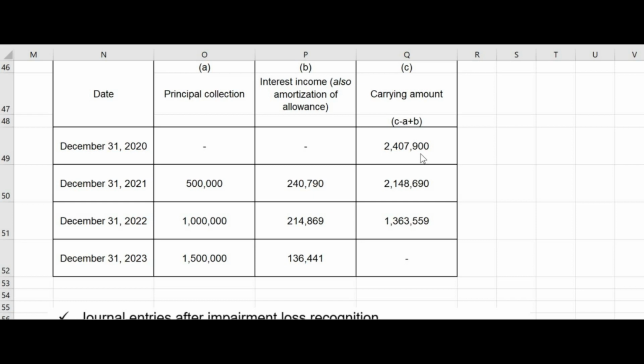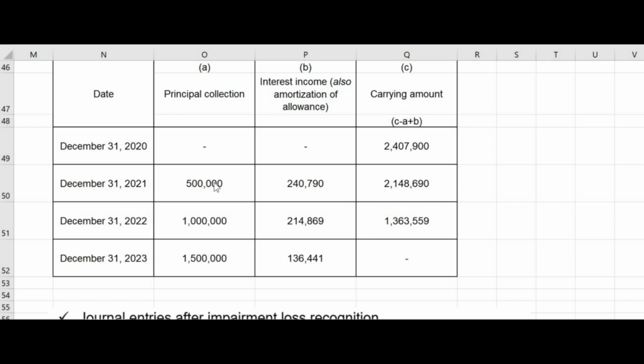So, 2,407,900 times 10%, so you'll have 240,790. So, ang mangyayari, itong 240,790, ito yung i-report natin as interest income for 2021. Okay, so since nagbayad ang ating client ng 500,000 noong December 31, 2020, or you're expecting the client to pay that much na 500,000.